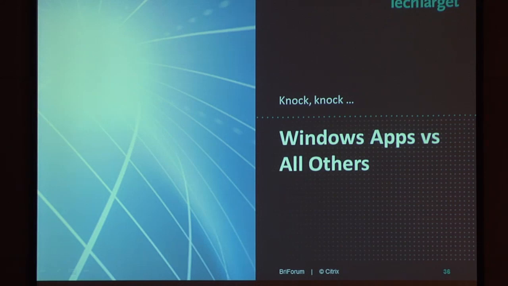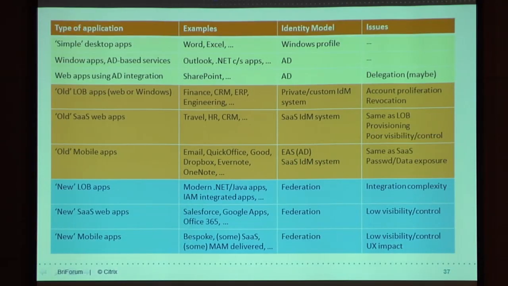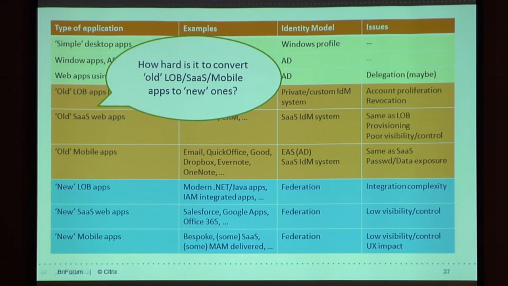So probably a good time to come back to the original point of the talk, which is, if you've got Windows applications, how are they going to play in this world where people are trying to do identity federation and token-based authentication? With my chart here again, it's a bit like saying all these applications in that middle band, people have been actively trying.